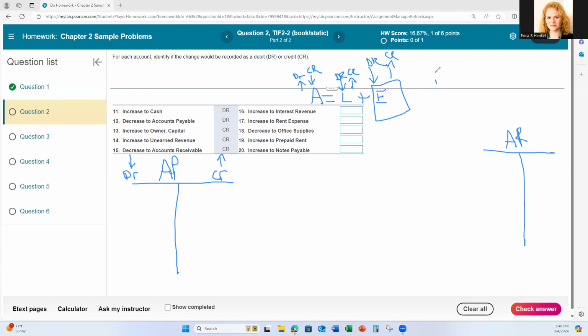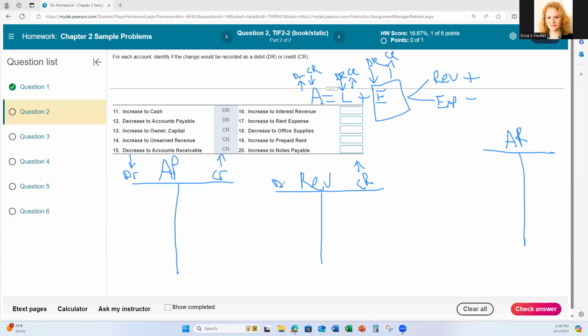And we said that revenues increase our equity and expenses decrease our equity, okay? So therefore, if we have a revenue account here, revenues increase the same way that equity increases, which is by crediting, okay?